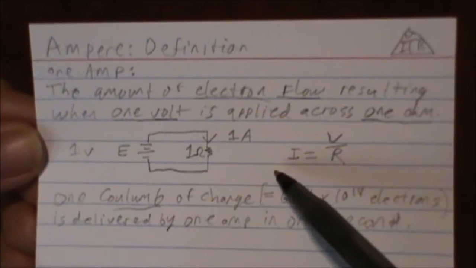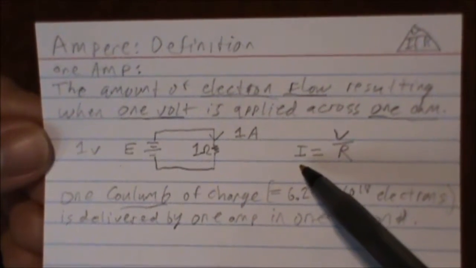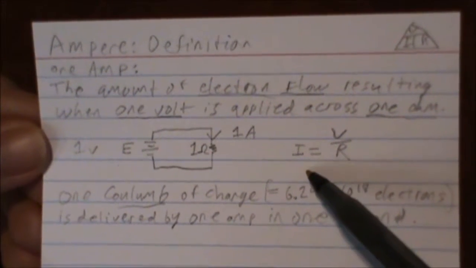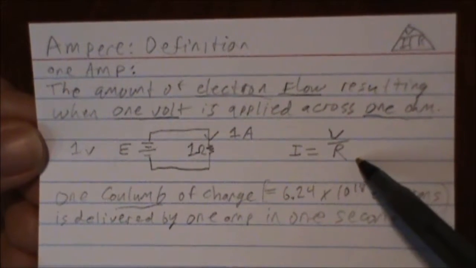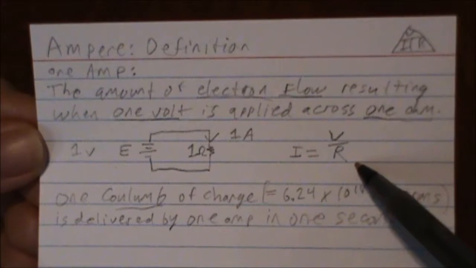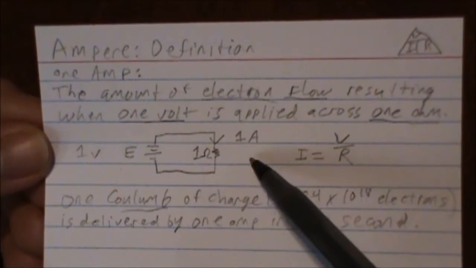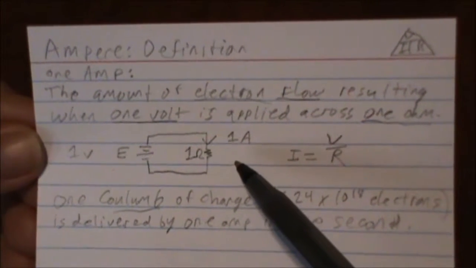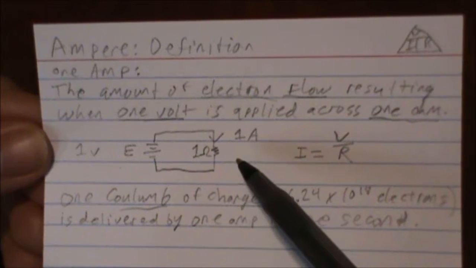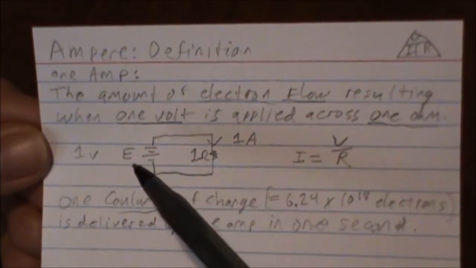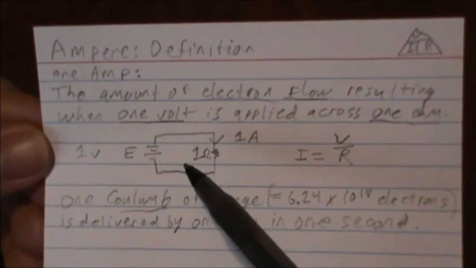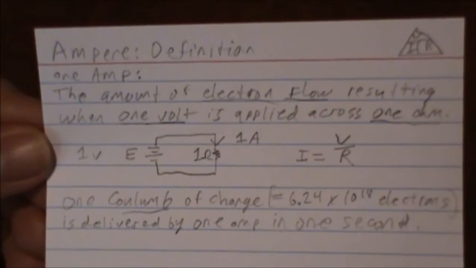And so our current, which is I, equals V, which is volts, divided by our resistor. In this case, our current is our 1 volt battery divided by our 1 ohm resistor. 1 over 1 equals 1.